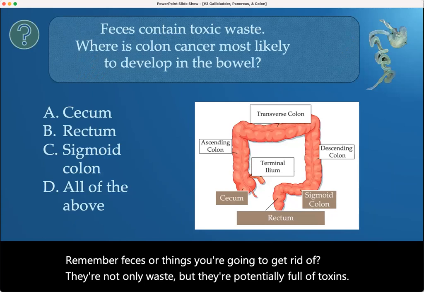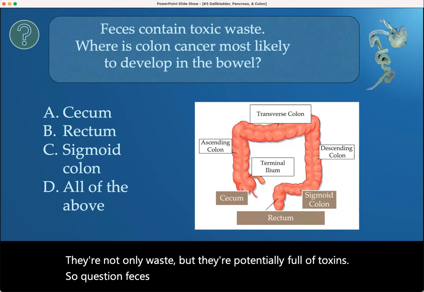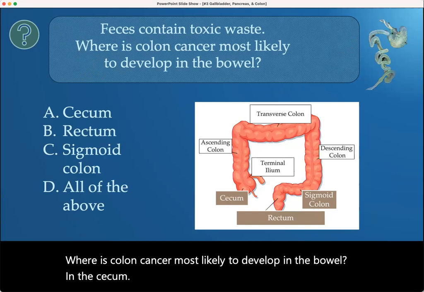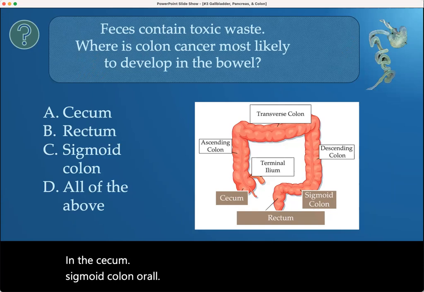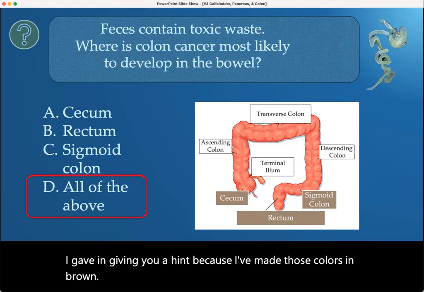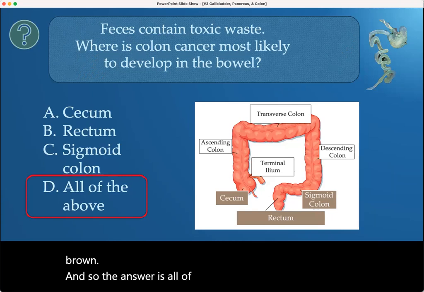So, question, feces contain this toxic waste. Where is colon cancer most likely to develop in the bowel? In the cecum, rectum, sigmoid colon, or all? I've given you a hint because I've made those colors in brown. So the answer is all of the above.